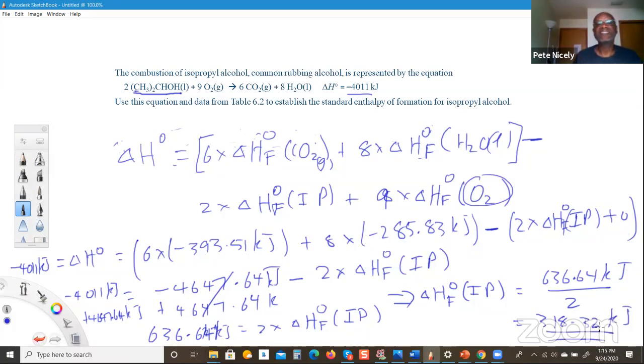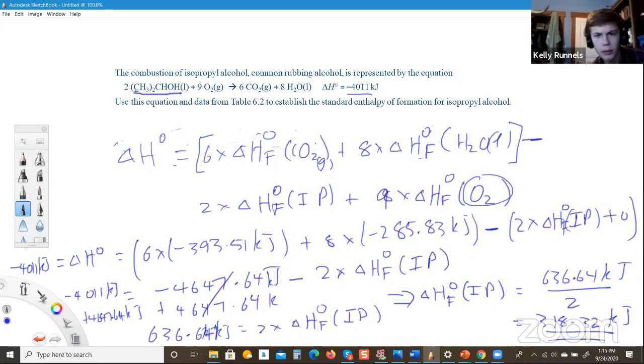And that would be the answer for this question. So it's the same principle, just a matter of a different value that the question is asking for, which in this case is the enthalpy of formation of one of the substances involved, and it gives you the enthalpy of the reaction overall. All right. Okay. Any questions about this one?